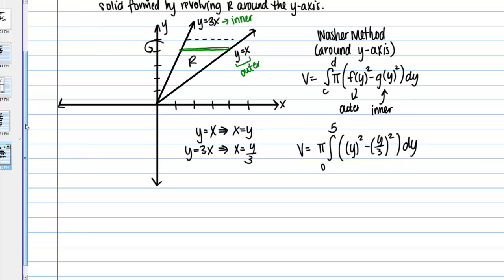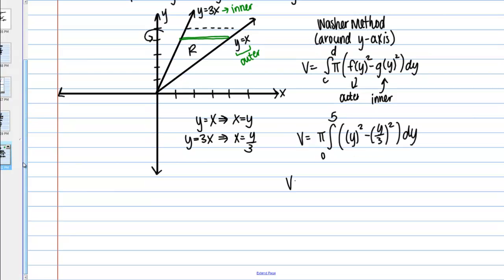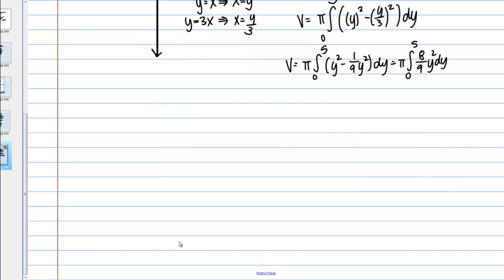So that's my setup, and then all I have to do to finish this out is actually integrate. We can clean up a little inside first. So this is y squared minus 1/9 y squared dy, or I could even write that as 8/9 y squared dy. So if I find the antiderivative, I'm going to get 8/9 times y cubed over 3, integrating from 0 to 5.